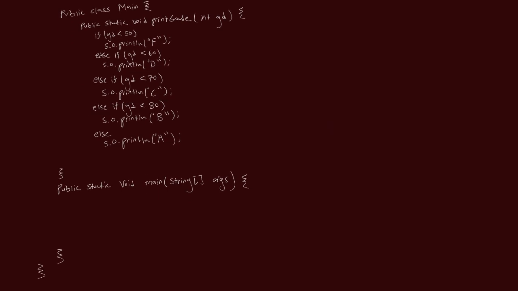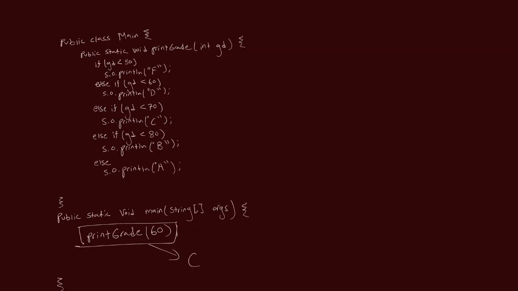So if we were to call the method printGrade and pass in 60, this is literally going to print out C. So this value isn't going to hold anything, but it's going to print out something because our return type is void.